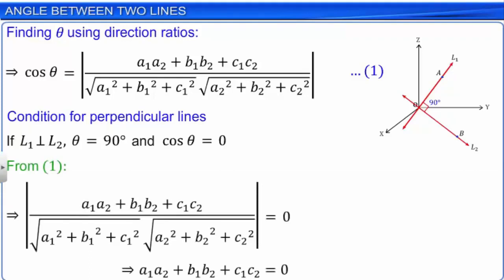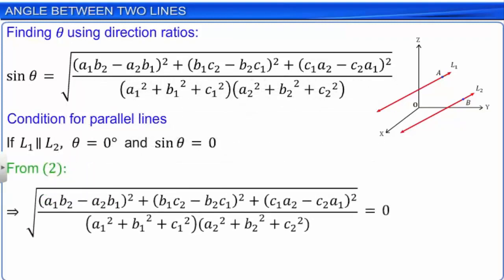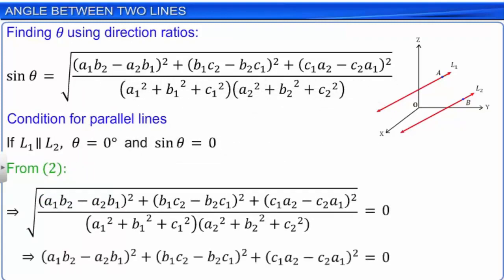If lines L1 and L2 are parallel to each other, then the value of theta is 0 degrees and sin theta is 0. Equating the value for sin theta to 0 from equation 2, we get the condition for two lines to be parallel as shown here.